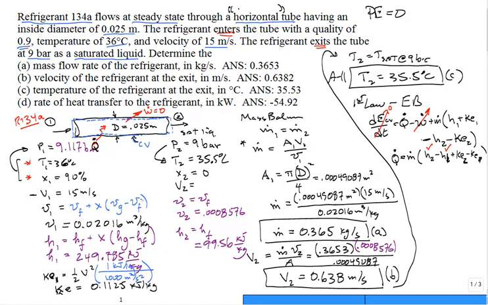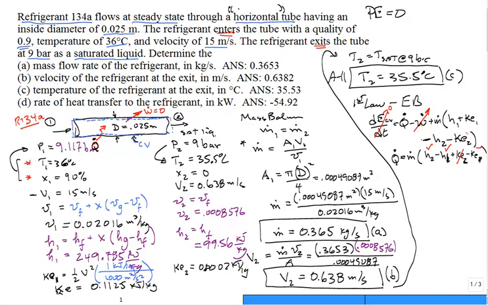Oh no, we already did. It was 0.638 meters per second. So now in the same calculation, kinetic energy at state 2 leaving is not very large. It's 0.0002. It's negligible kilojoules per kilogram. Okay, so when I stick in the value here, really we could neglect KE2 for sure.